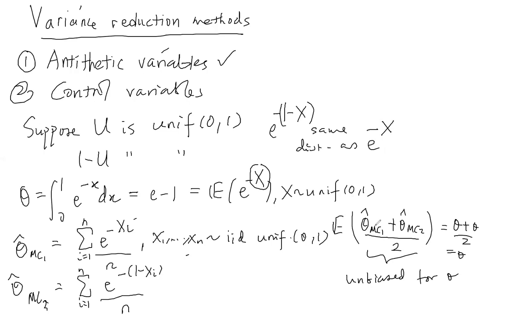Okay, so we're going to look at the variance now. So now we're going to look at the variance of the Monte Carlo estimators, okay? So this is 1/4, right?